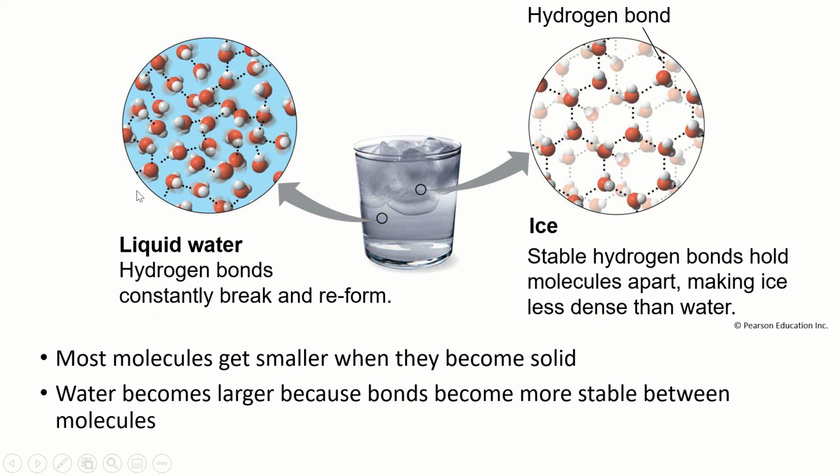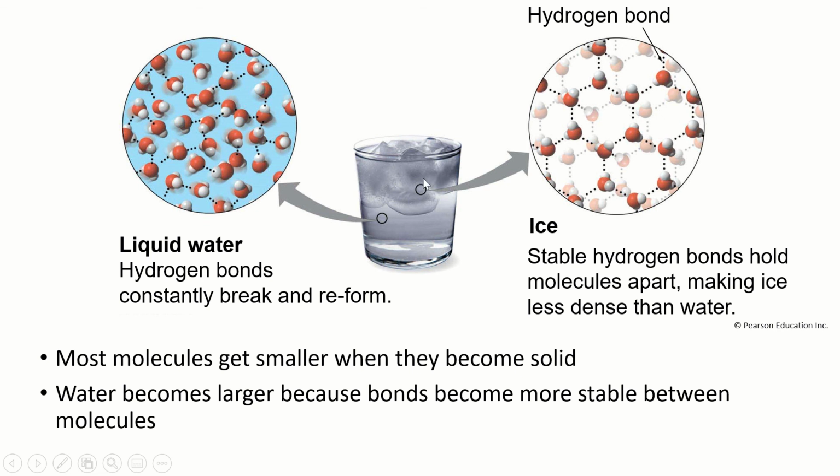Because of the movement of electrons, all atoms are constantly moving. Since the electrons are zipping around, the atoms themselves are constantly vibrating. So they vibrate against each other, they bounce off each other. And in liquid, the water molecules can get up really close to each other. And these hydrogen bonds are constantly being formed and broken.